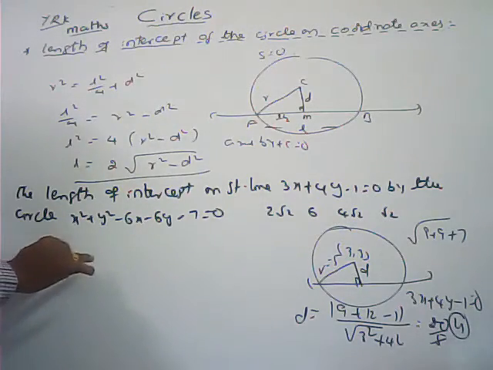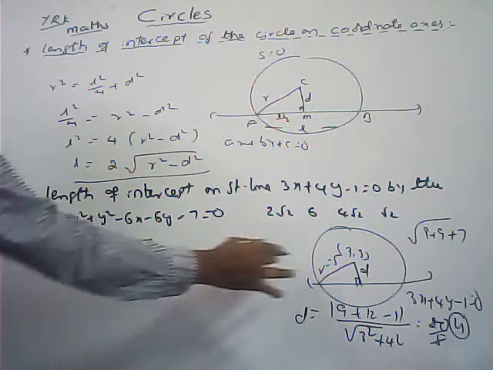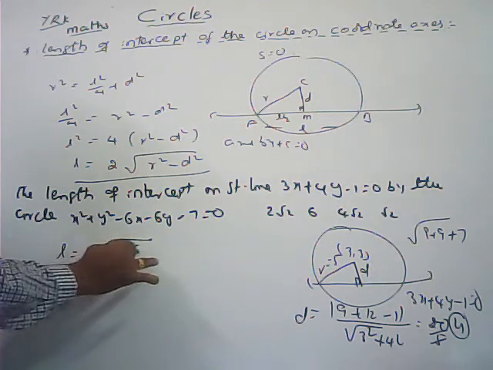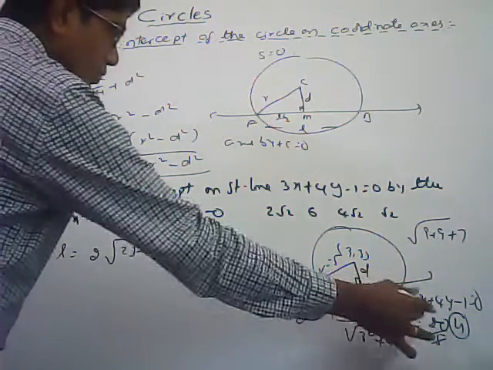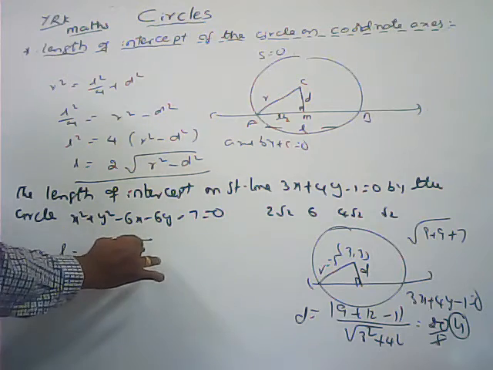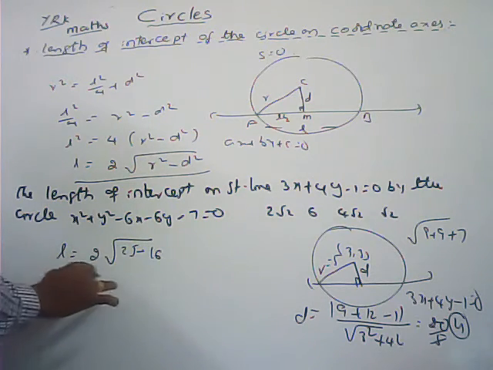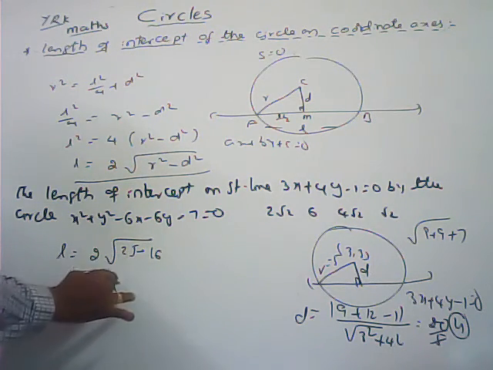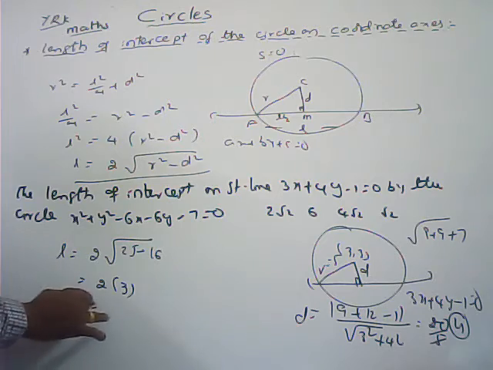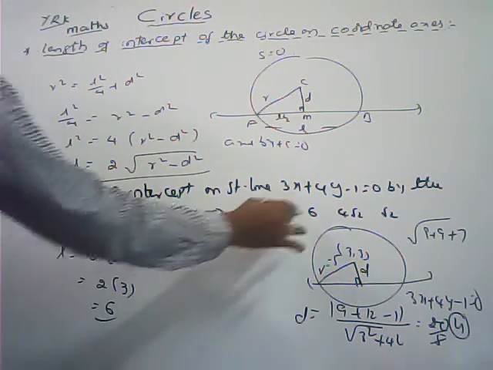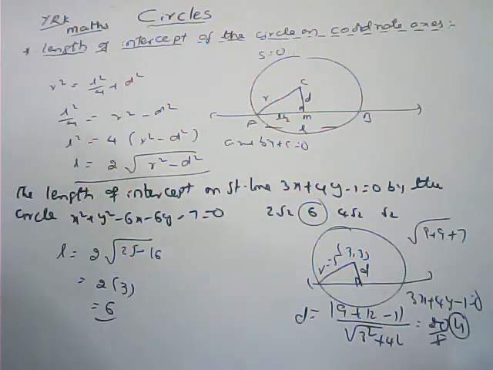So length of the chord is equal to 2 root of R square minus D square, R is 5, 25 minus D is 4, the perpendicular distance from center to that line, 16, that is equal to 2 into square root of 9, 3 only. 2 threes are 6, that is the length of the chord.